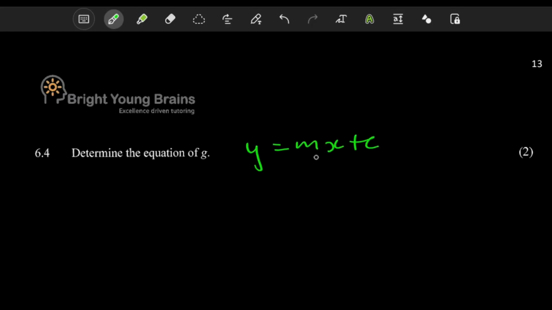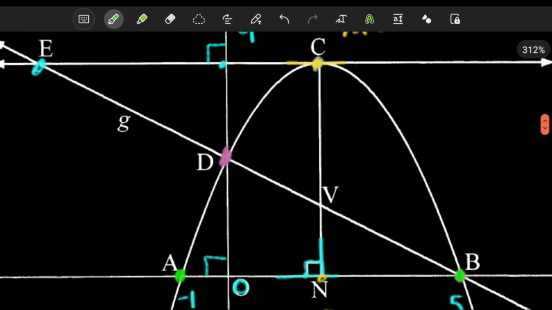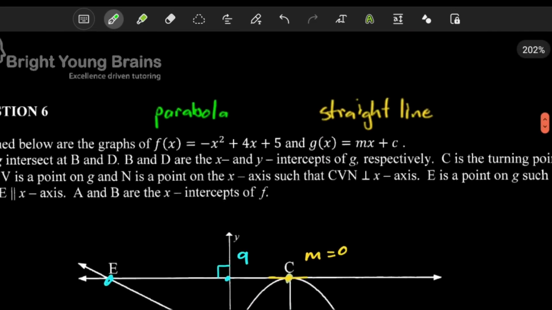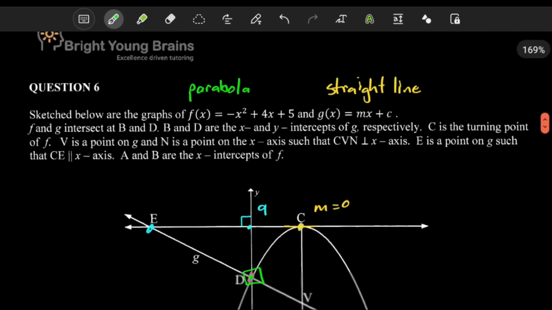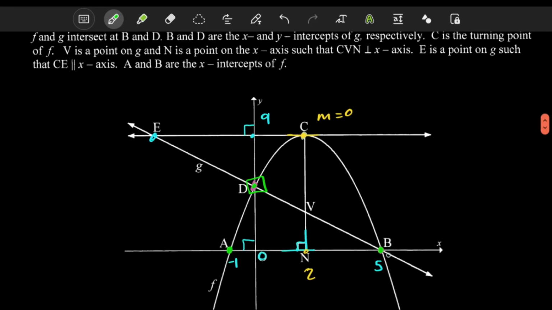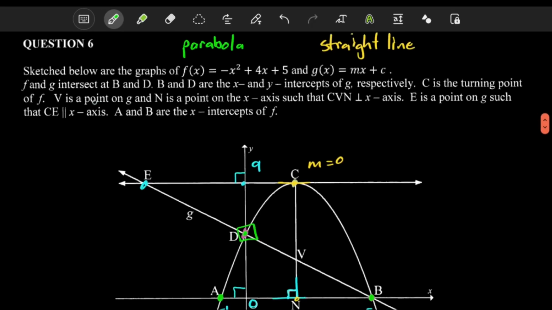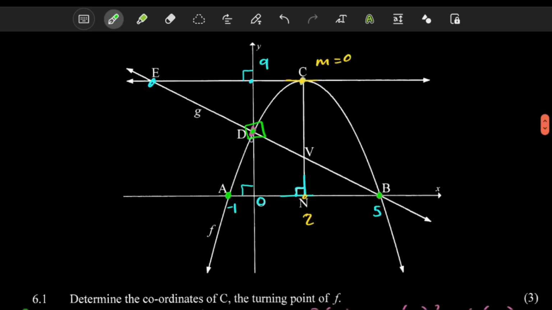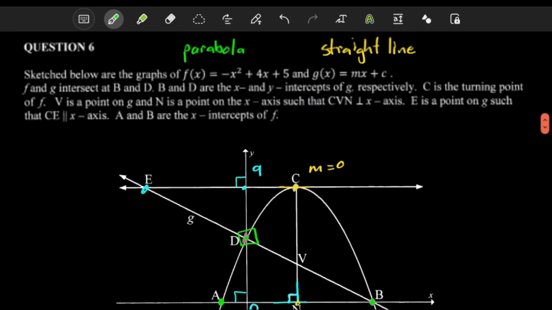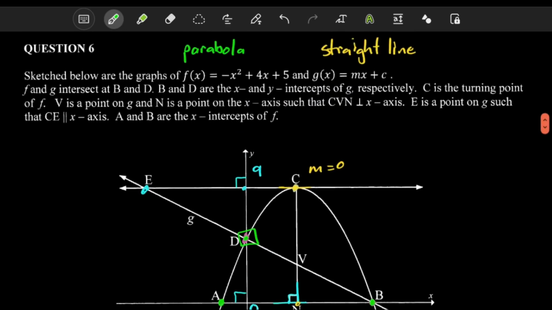We need 2 things, gradient and the y-intercept. Fortunately, the y-intercept of this parabola is the y-intercept of our straight line graph. They also told that to us here. They said b and d are the x and y-intercepts of G respectively. But b and d are also intercepts of the parabola as well. They didn't say that, but we can see it.